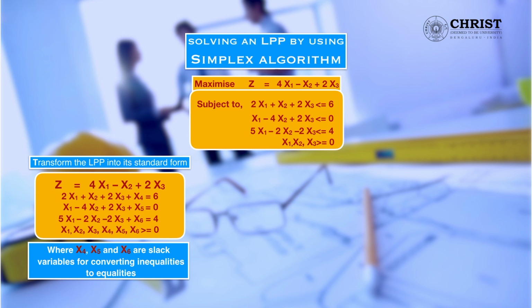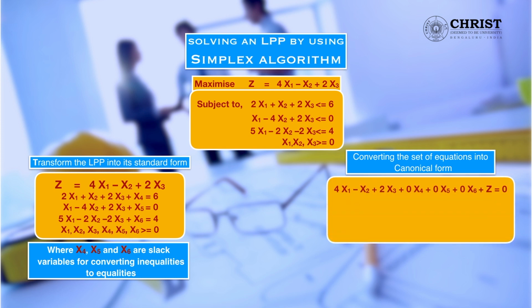Now we will convert the set of equations into the canonical form. The equations after conversion now become 4x1 minus x2 plus 2x3 plus 0x4 plus 0x5 plus 0x6 plus z, the objective function, is equal to 0. The second equation will appear like 2x1 plus x2 plus 2x3 plus 1x4 plus 0x5 plus 0x6 is equal to 6.